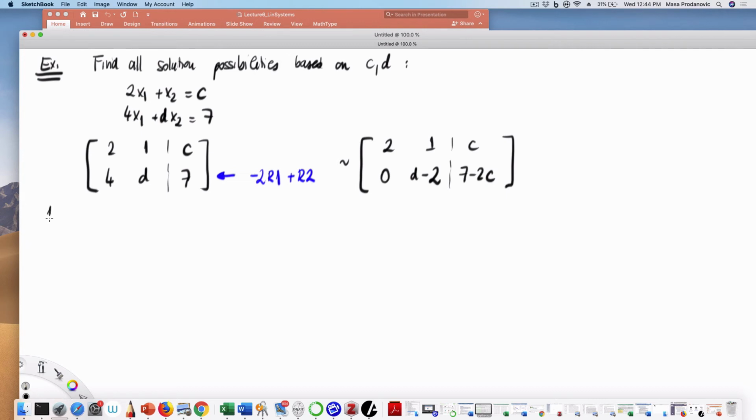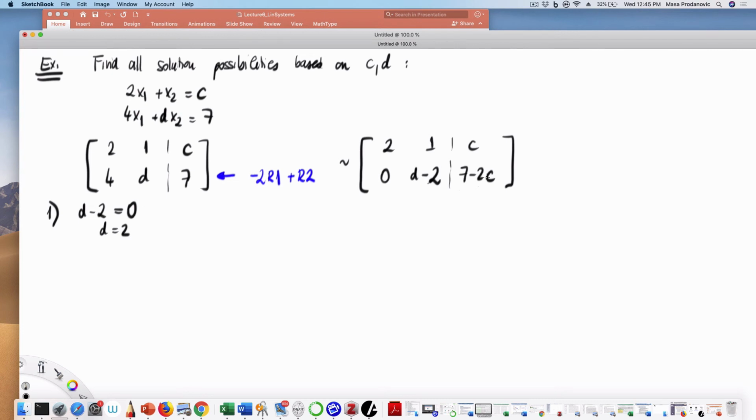Option 1, assume d minus 2 is equal to 0, so d is equal to 2. Then I actually have a 0, 0 here, and then 7 minus 2c. What if that 7 minus 2c is not a 0? So I have two options. It could be 0. Then I have a row saying 0, 0, 0.